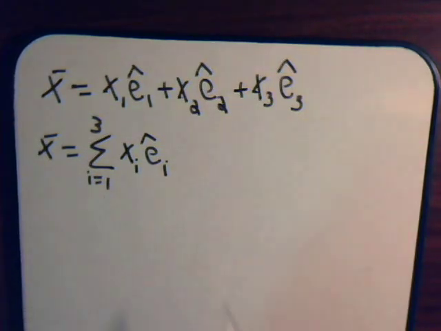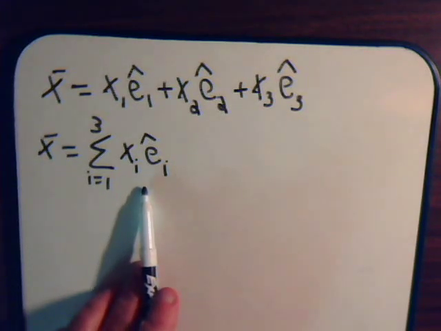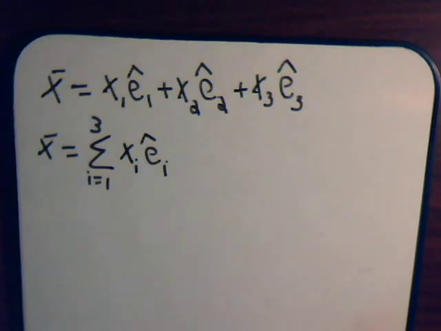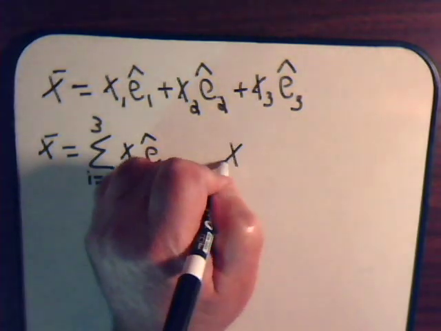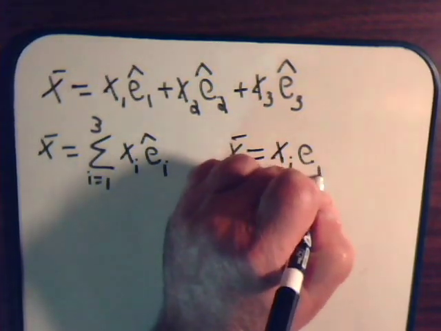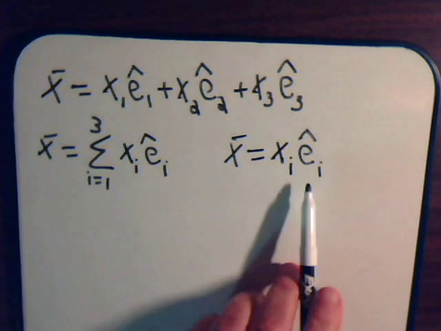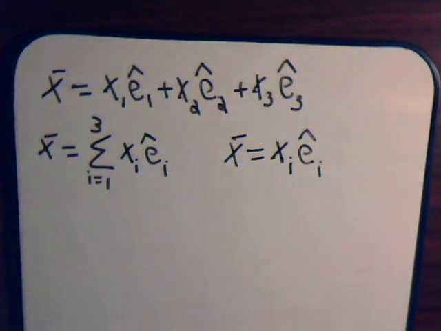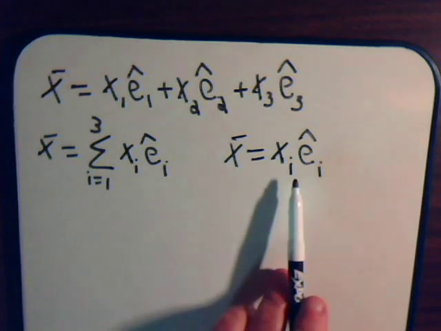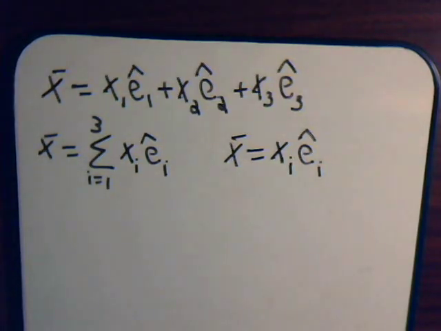It is a repeated index, and the convention, to save yourself writing, is that when you see a repeated index, that automatically means you're summing over that index. So we could say that the vector x equals x_i e_i. Again, this repeated index automatically means you're summing over it, and in our videos we are summing from i equals 1 to 3 unless we state otherwise.